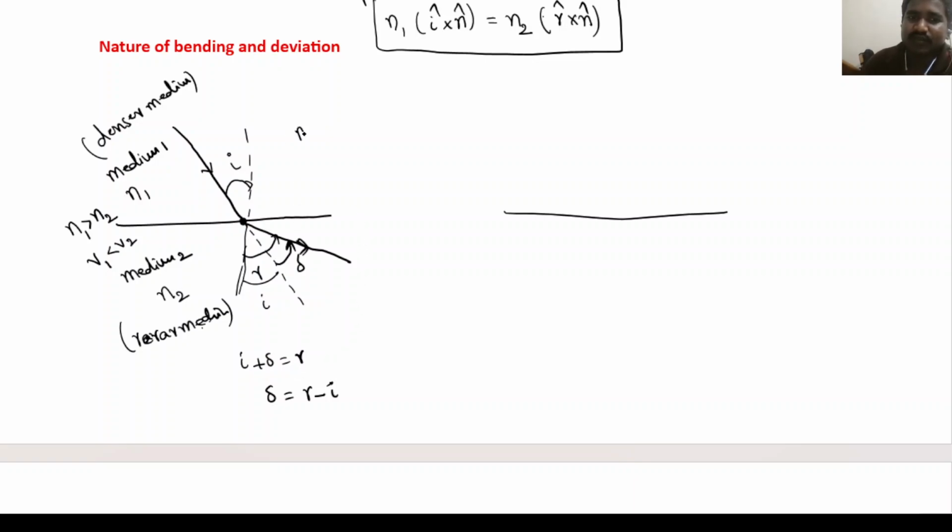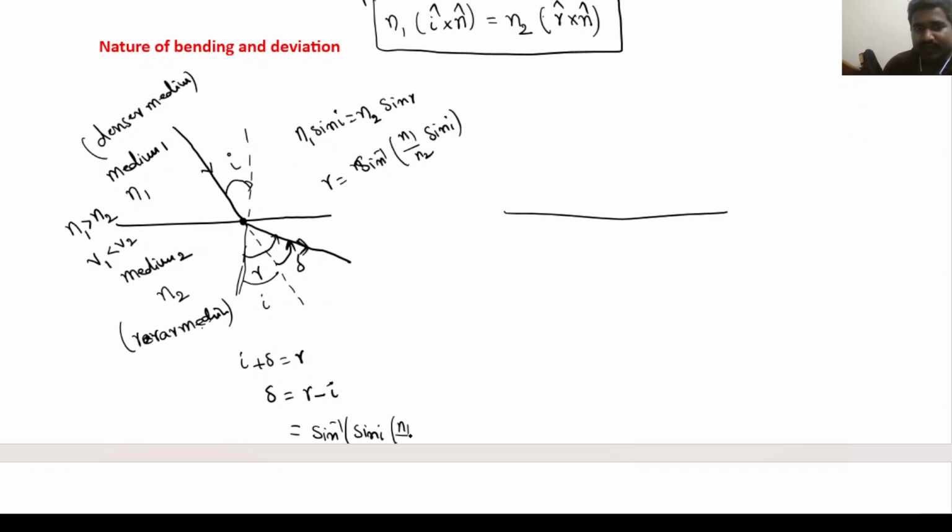Applying Snell's law, refractive index of the denser medium times sin I equals refractive index of the refracted medium times sin R. Therefore R is sin inverse of n1 divided by n2 times sin I. So the deviation is sin inverse of n1 divided by n2 times sin I, minus the angle of incidence.